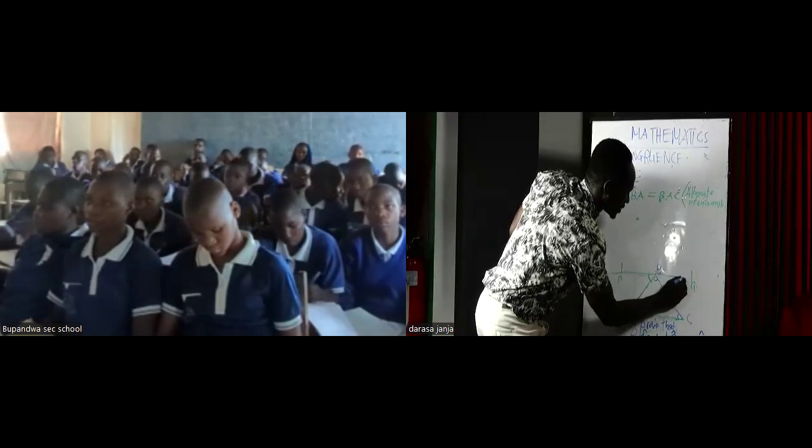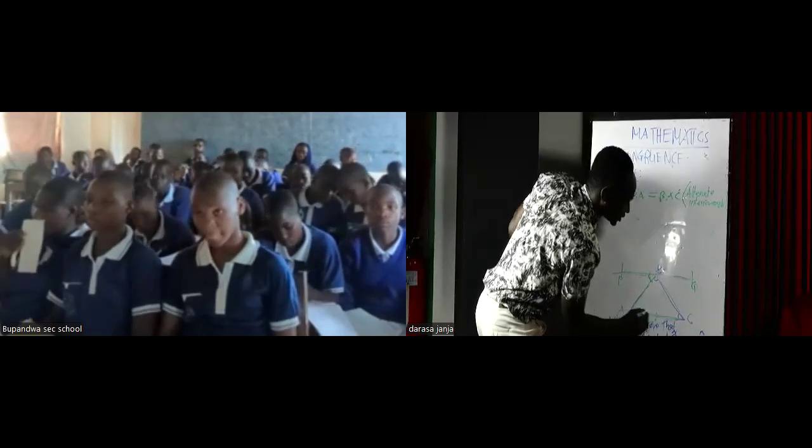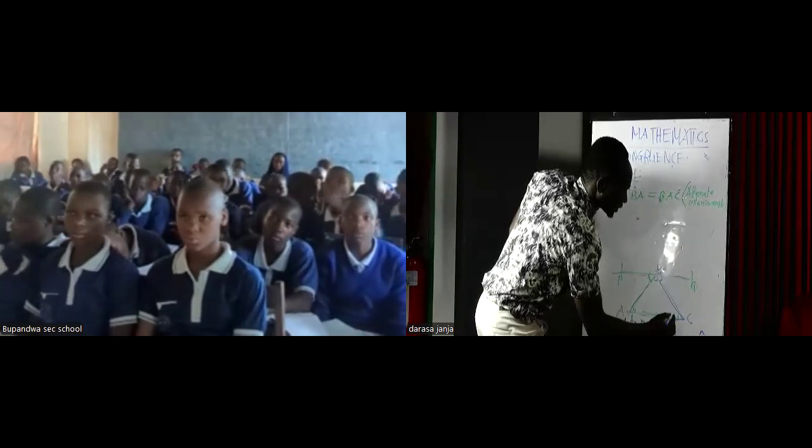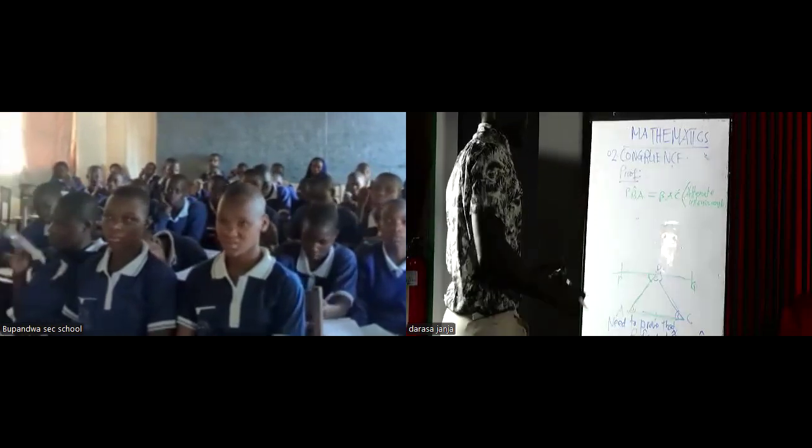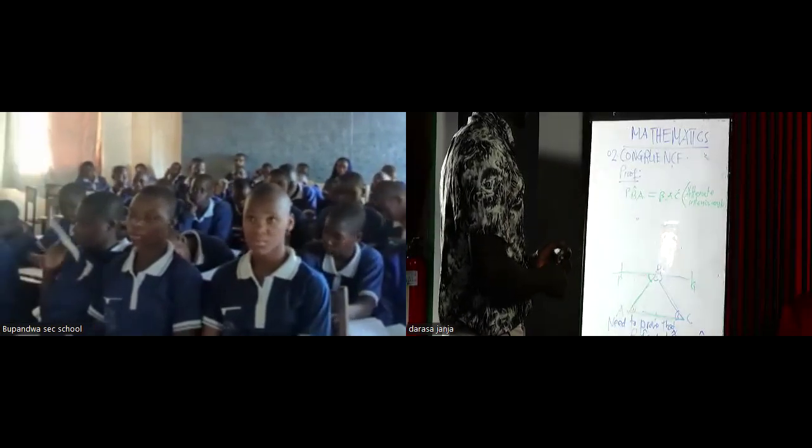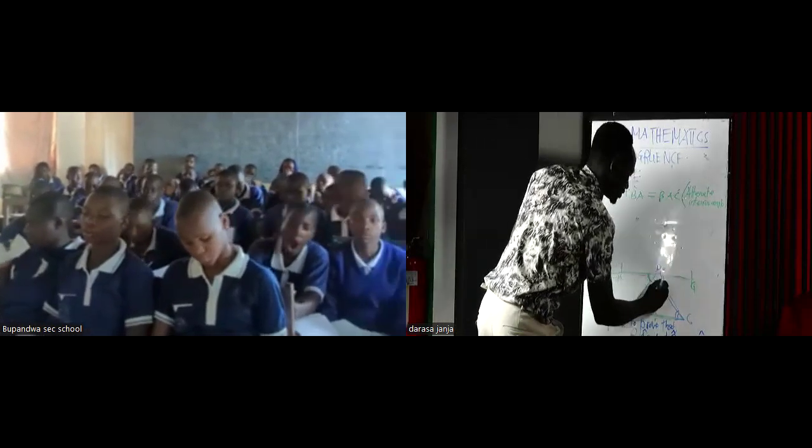Again, look at the other side of the figure. On the other side of the figure, we also have another angle Z here. It looks like this. So this angle and this angle are also equal.